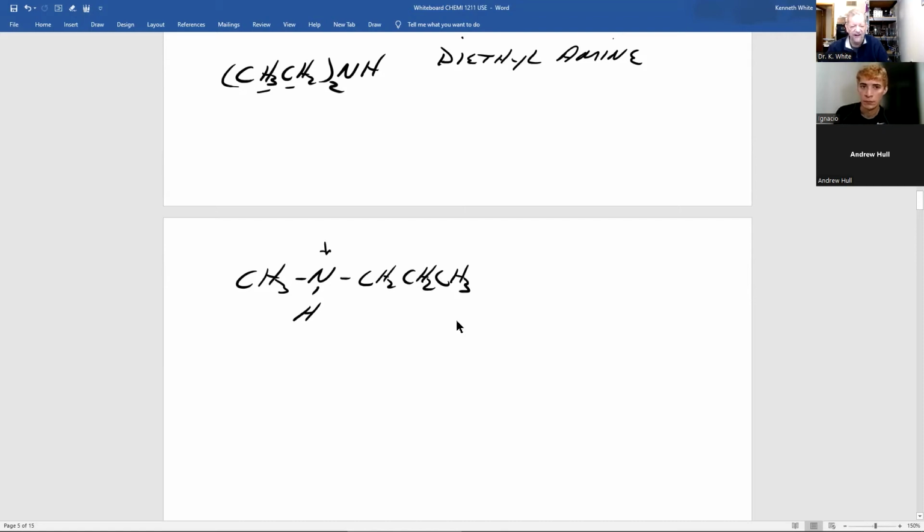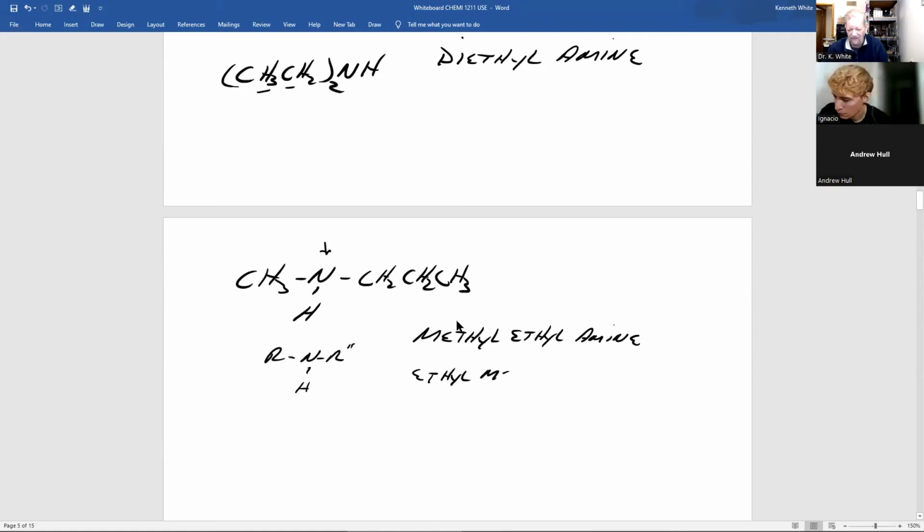What's not hydrogen? A nitrogen. And this is a secondary amine, even though I'll never ask you that. And how do you name it? Well, you can call it methylethylamine. But since it's a common name, there's no rules about alphabetizing, or you could call it ethylmethylamine.